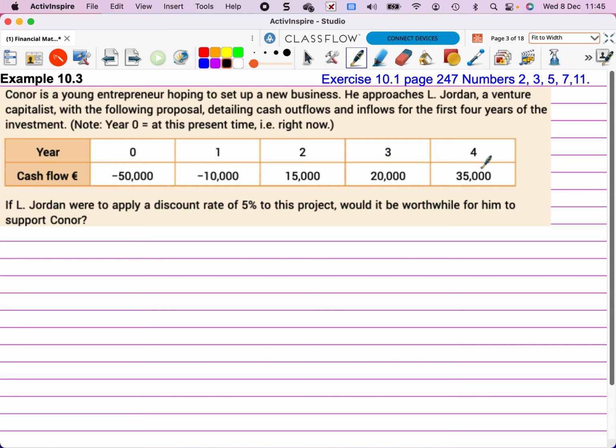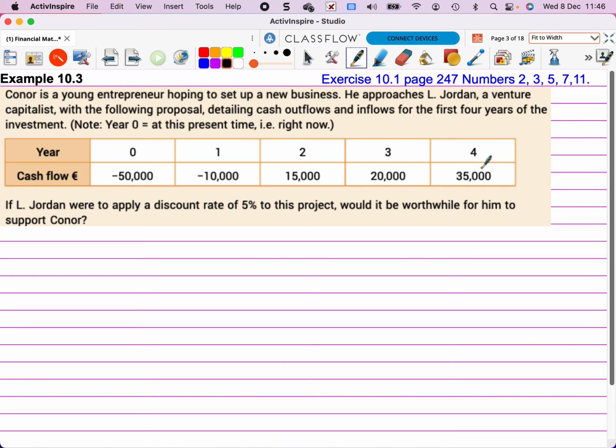And basically, if it is bigger than 0, then he's made money. If it's less than 0, he's lost money. If it's equal to 0, he's broken even. Okay then, so we're using present value in order to isolate this.